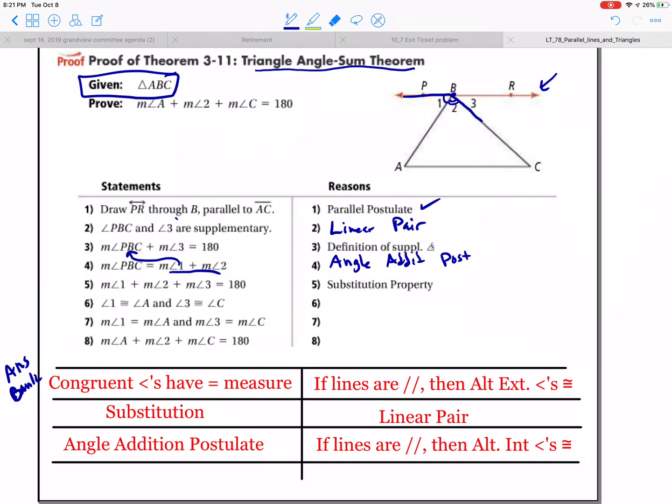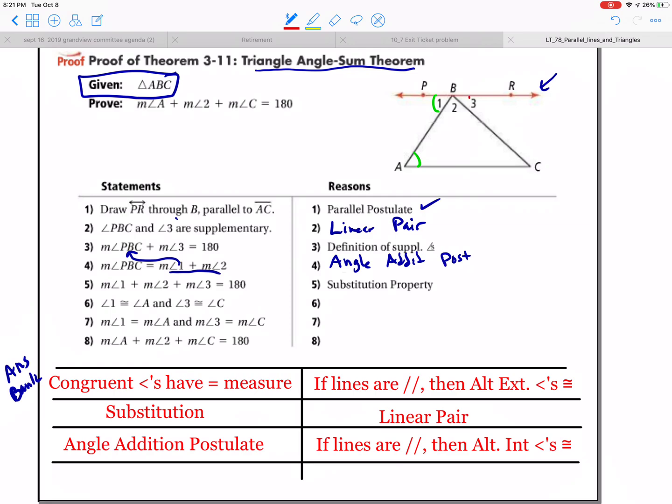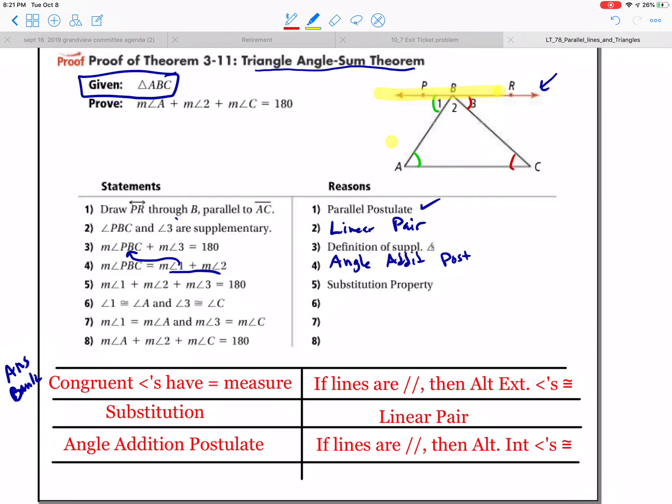Now what we're recognizing is that angle 1 is equal to the measure of angle A. And we also have, by that same reasoning, that angle 3 is equal to angle C. Now the reason why we have that is because if we have this line up here parallel to this line down here, those angles end up being alternate interior angles.